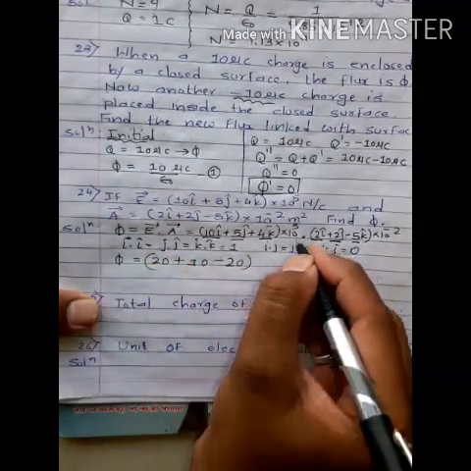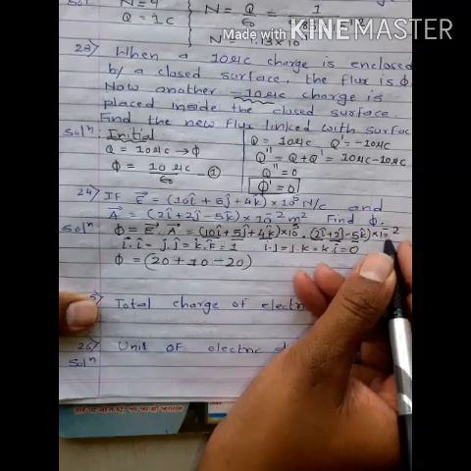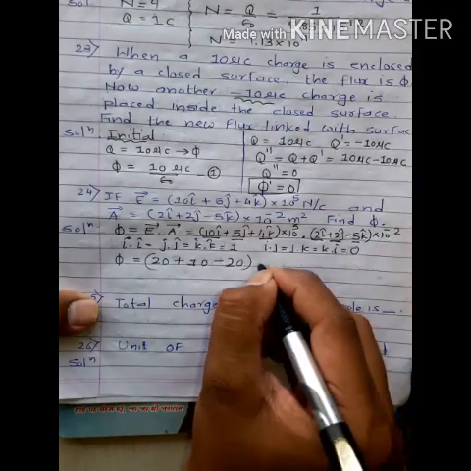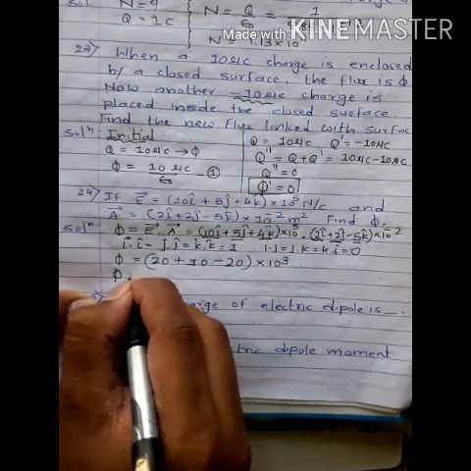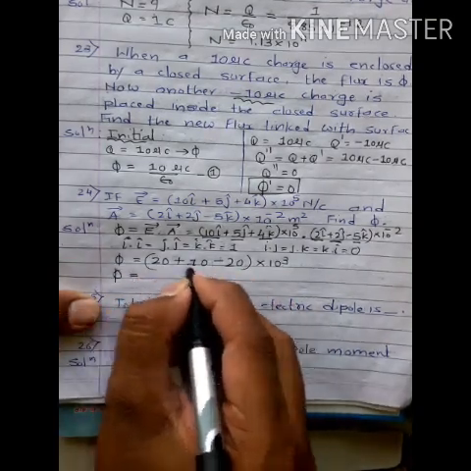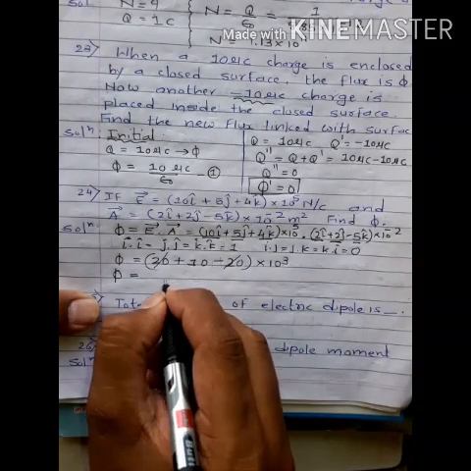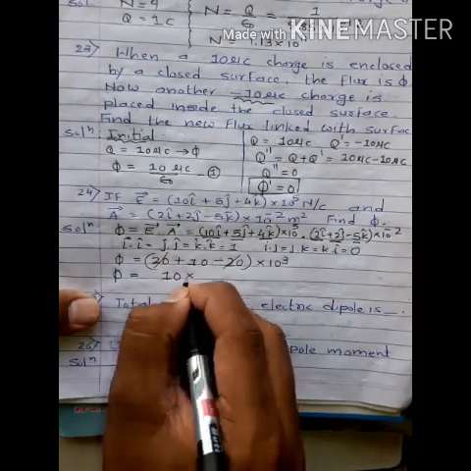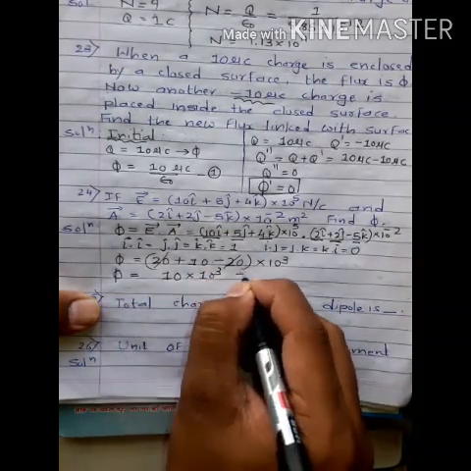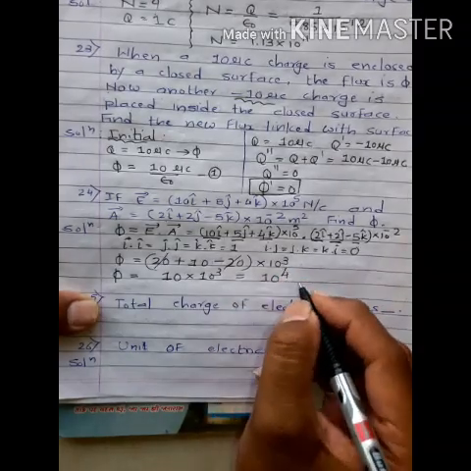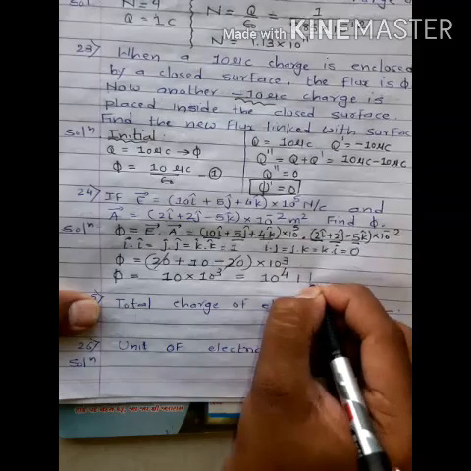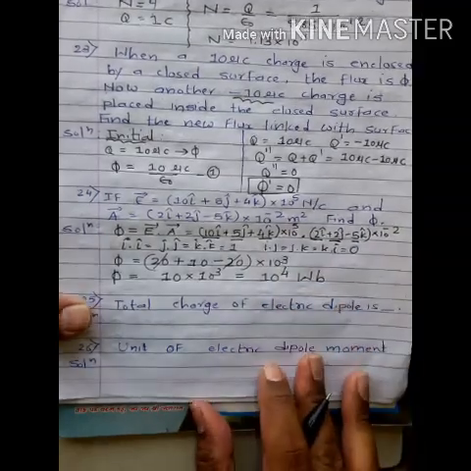Bracket over, into 10 to the power 5 into 10 to the power minus 2. So our answer is 10 to the power 3. So find this value. 20 plus 20 minus 20 will cancel out. So the answer is 10 into 10 to the power 3. So the value of electric flux linked with the surface is 10 to the power 4 Weber.